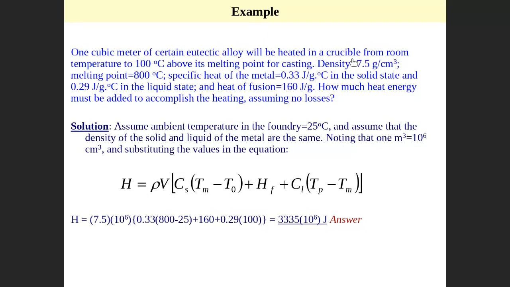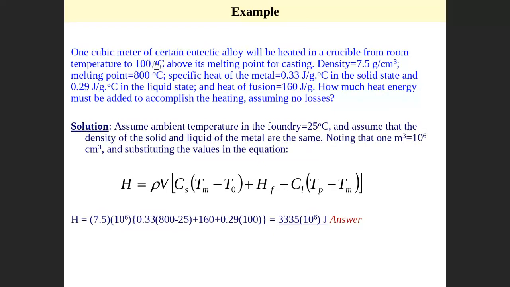There is a type of furnace we call a crucible furnace. It heats from room temperature, usually 20 or 25 degrees Celsius, to 100 degrees above the melting temperature. So we are heating from room temperature not just to melting, but to 100 degrees above melting.